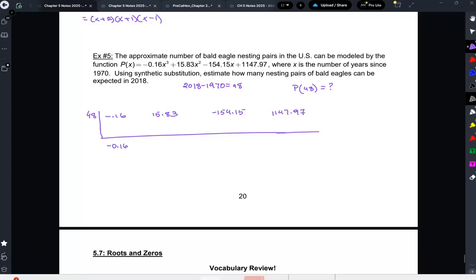So what do we get? Negative 7.68. We subtract. All right, I can help you guys out here. We get 8.15.